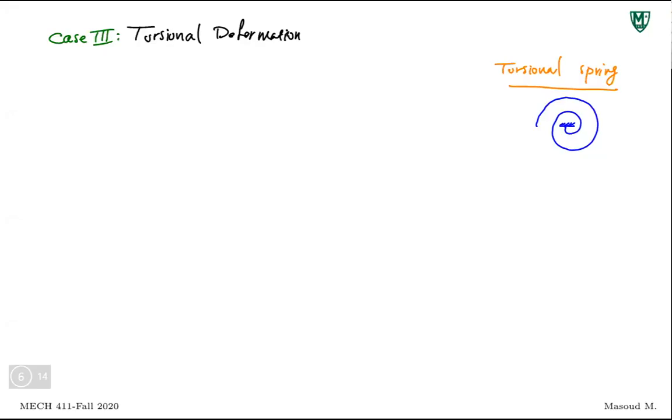Another example I can think of, from when I was a kid, is the toy cars that had a kind of torsional spring inside.